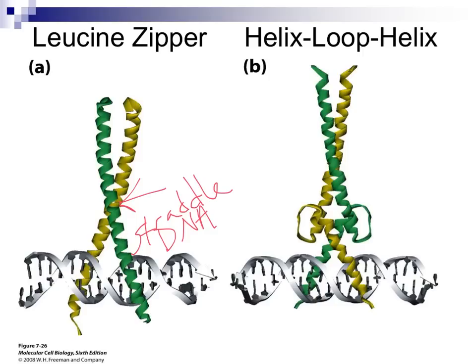Think of a person's legs when they sit on a horse: one leg is on each side of the horse. That's what happens with the leucine zipper around the DNA. Now a helix loop helix is very similar, with the exception that you have these little loop areas or straighter regions in between the helical parts of the molecules. But it again straddles the DNA in much the same way that the leucine zipper does.